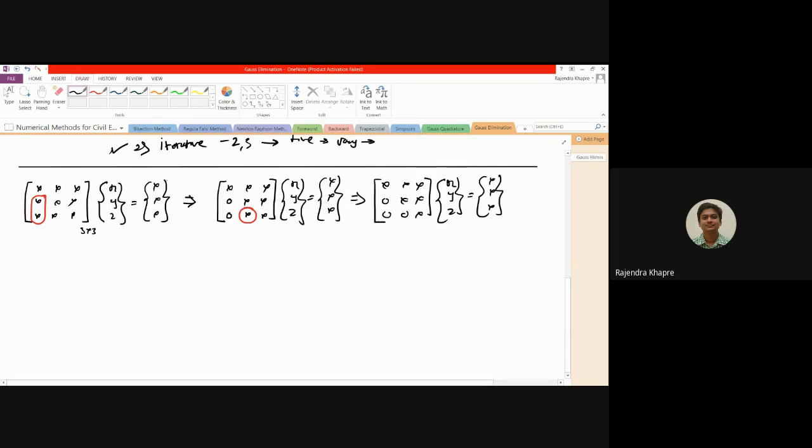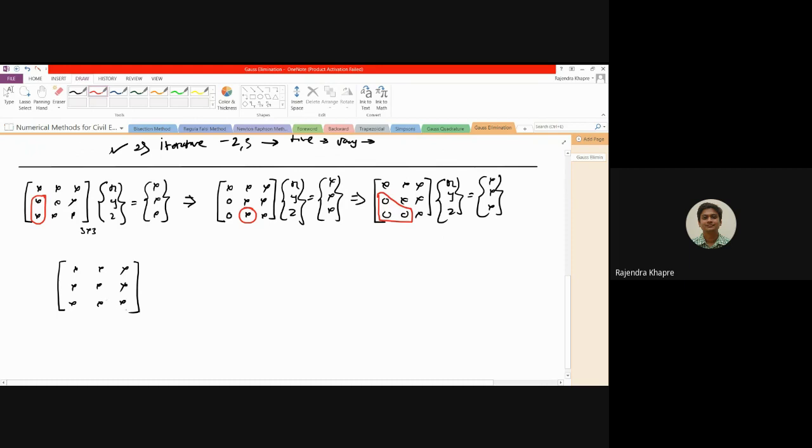Now if you observe carefully, what I have done is reduce the given matrix into an upper triangular matrix. Upper triangular matrix means there are non-zero elements in the upper triangle and zero elements in the lower triangle. Let me draw a 3 by 3 matrix once again: 1 2 3, 1 2 3, with some values that can be 0 or non-zero.